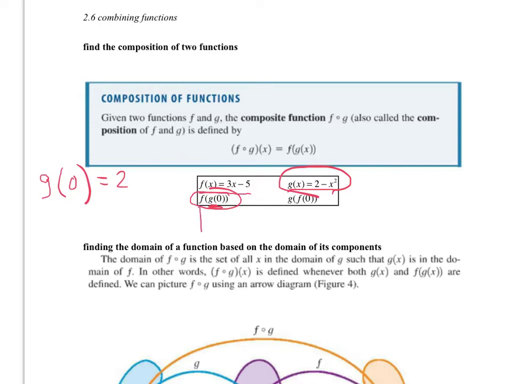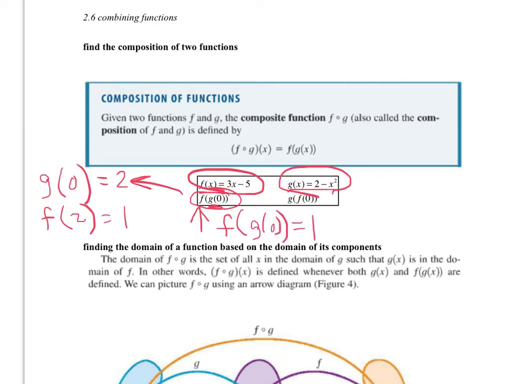Now you want f of 2. Substitute the number 2 for x in f, and you get 3 times 2, which is 6, minus 5, which is 1. So f of g of 0 is equal to 1.